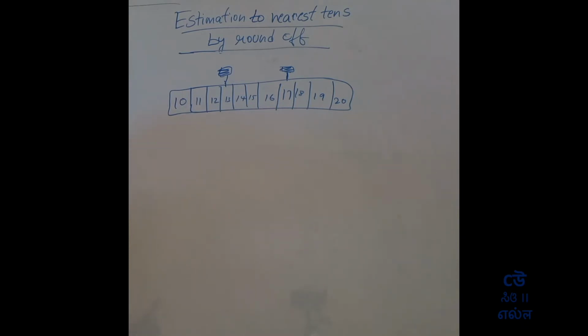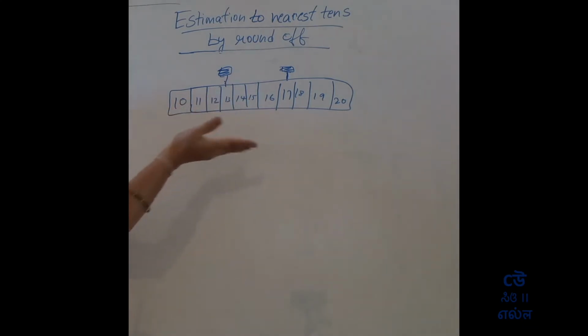Always remember the middle number will be 5, whether the 5 comes in the hundreds place or tens place or ones place, or thousands place, anything. If there is a 5, you see that 5 number. So if it is below 5, round off to the smaller number.